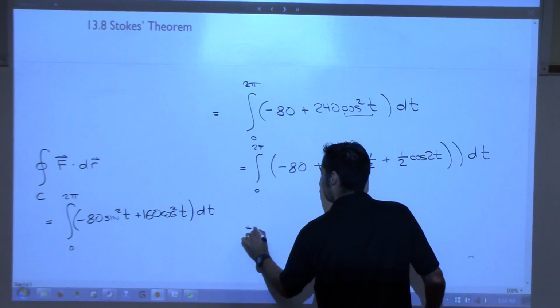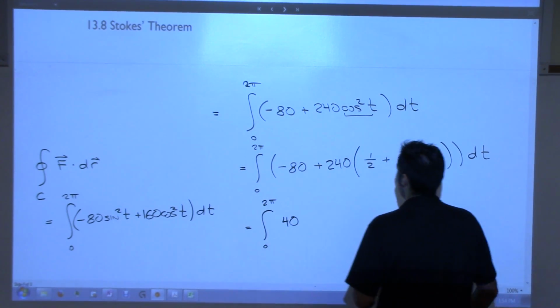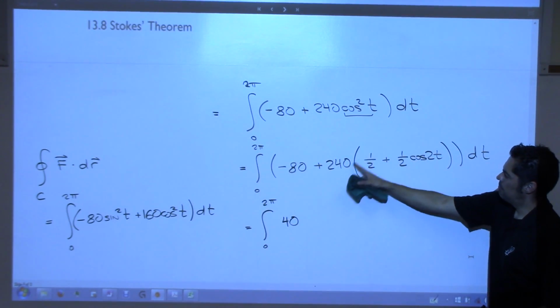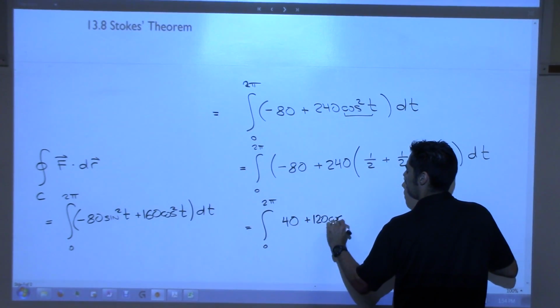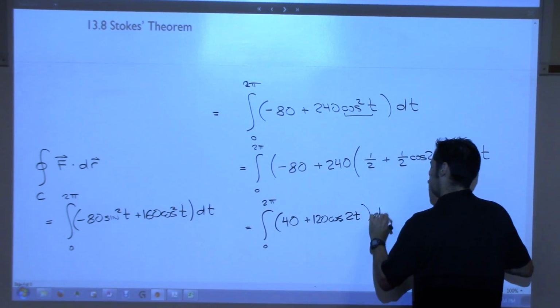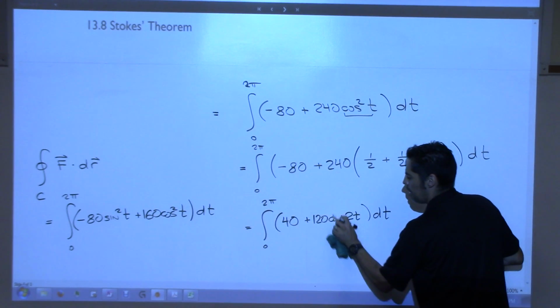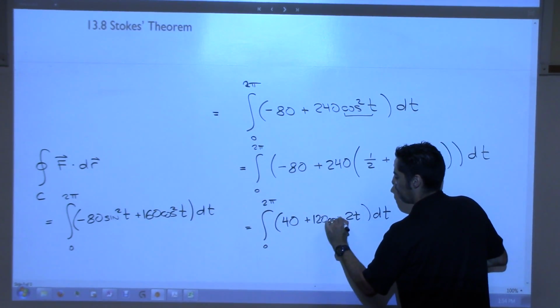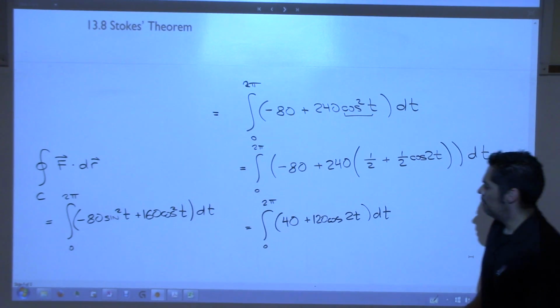Okay, so we have 40, and then plus 120 cosine 2t dt. Can you all see that? All right, ready to integrate, finally.